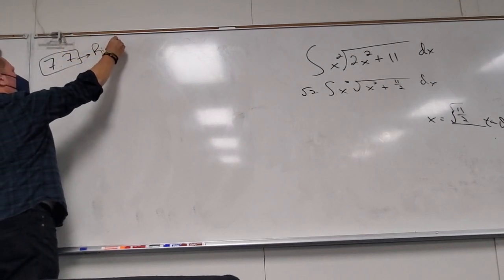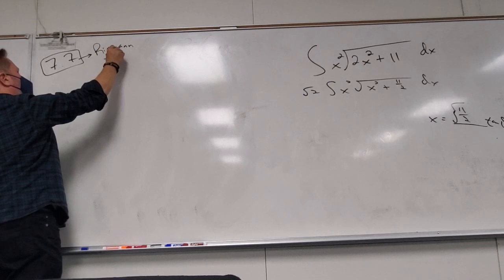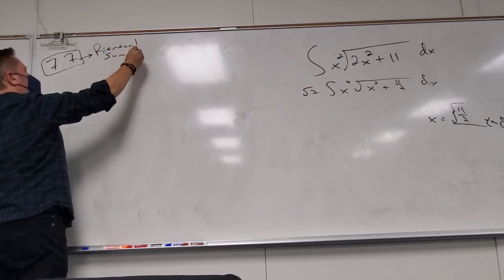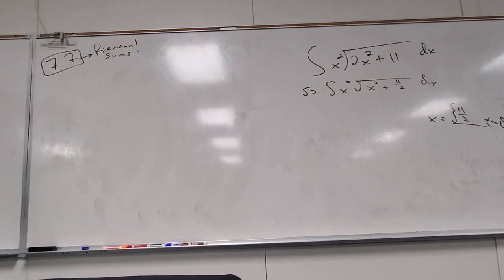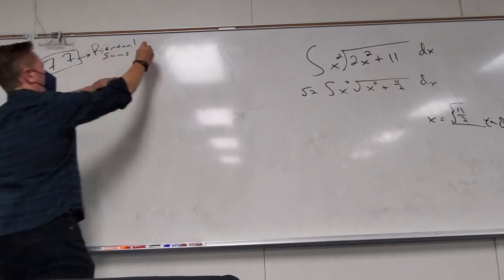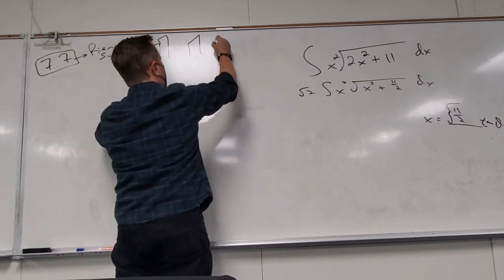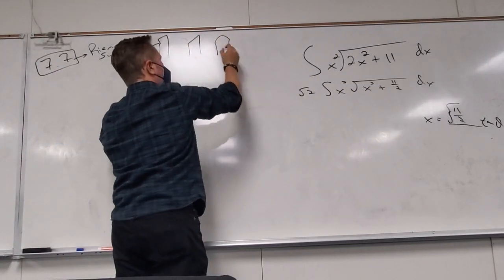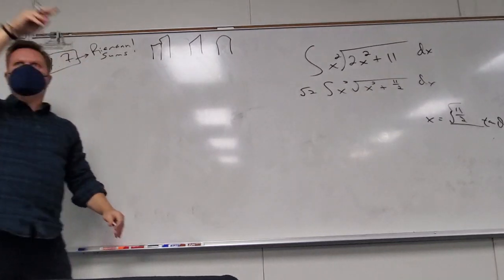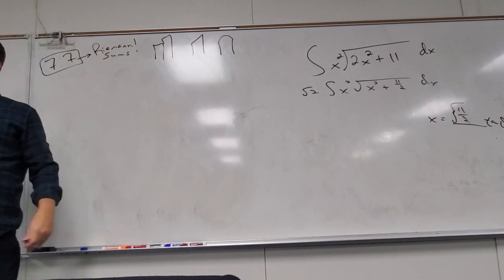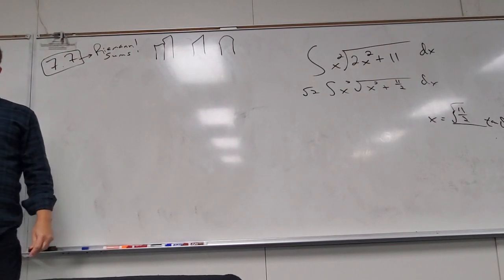But remember, I told you 7-7 brings back Riemann sums and actually makes them more interesting. So, for example, instead of rectangles, we're going to use trapezoids and even parabolic shapes, right, to estimate what's under a curve. You with me?